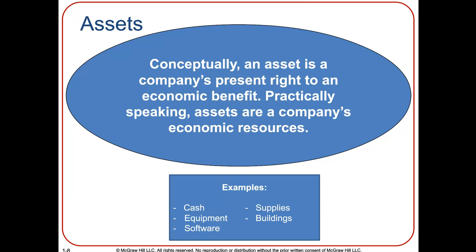So, out of those three things, let's talk about what is an asset, okay? Now, they get a nice fancy explanation up here, but it's just stuff that has value, okay? That's all it's really saying here, all right? And some examples are things like cash, whether it be in currency in the pocket or in the bank. Possibly equipment. So try to start thinking in terms of a business.